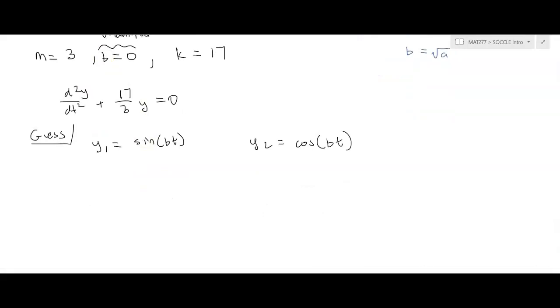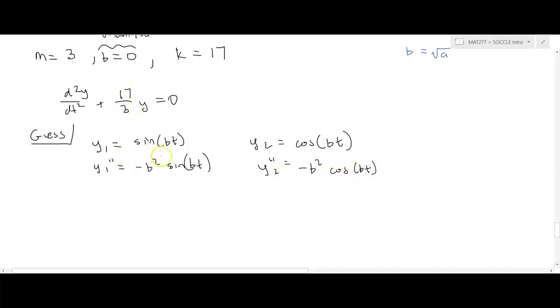Well, once again, when we take the second derivative of y1, we get negative b squared sine of bt. And let's just go ahead and do it in parallel over here for cosine. Its second derivative is going to be negative b squared cosine of bt.